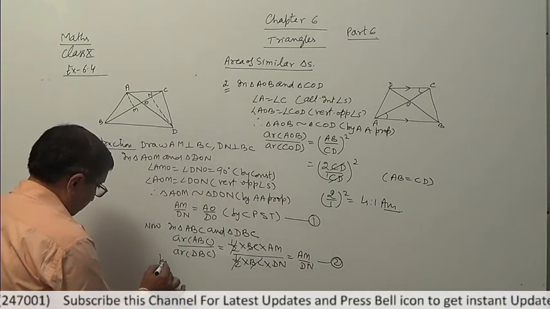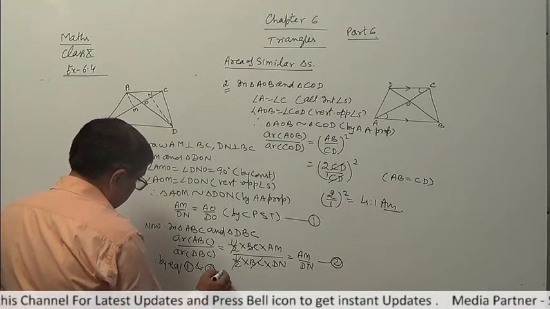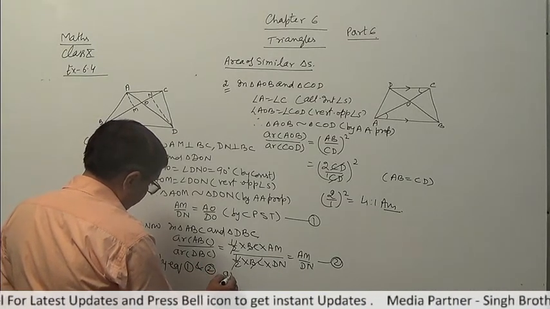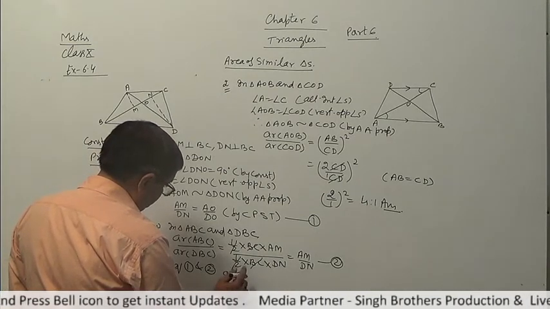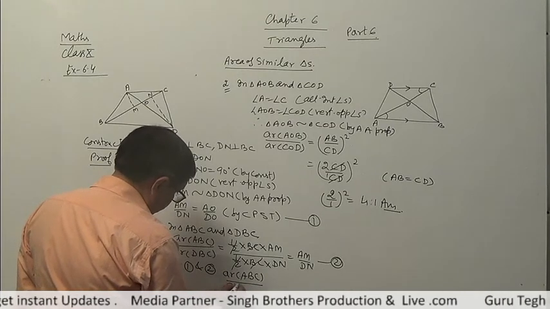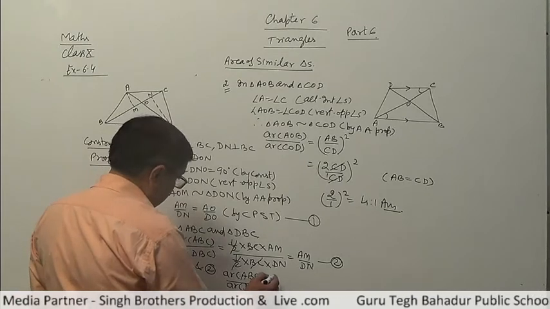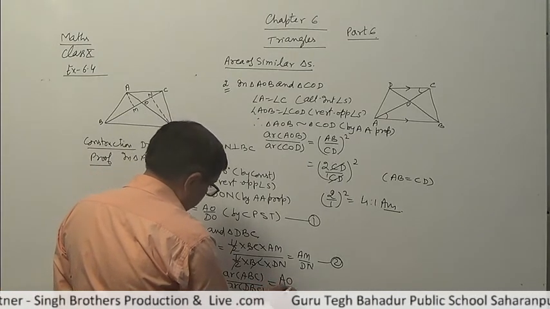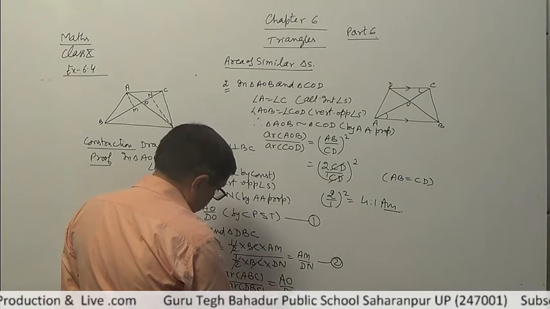By equations 1 and 2, area of triangle ABC upon area of triangle DBC is equal to AO upon DO. Hence proved.